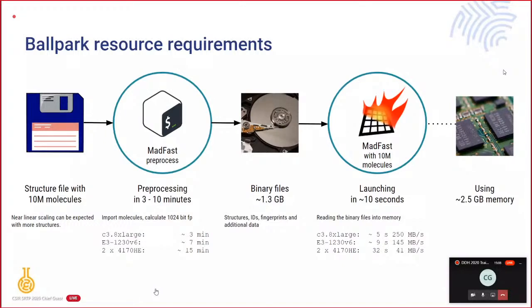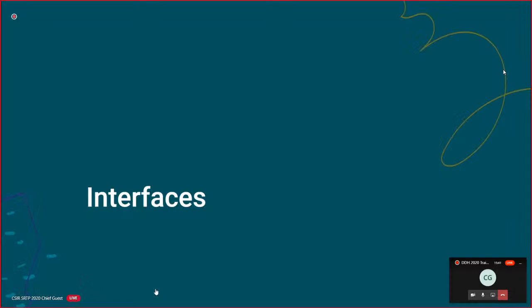And after this pre-processing, with a launch time of nearly 10 seconds and by providing 2.5 gigabytes of memory for the in-memory storages, you have the ability to execute the searches mentioned before. I would like to mention that some public datasets will be available later for the participants, and of course you have the possibility to use MadFast from the beginning and prepare your datasets.